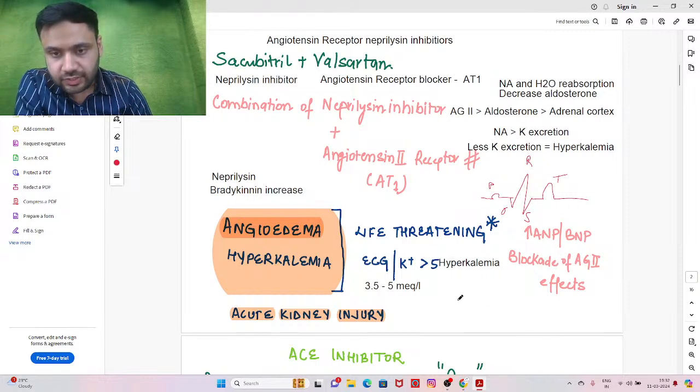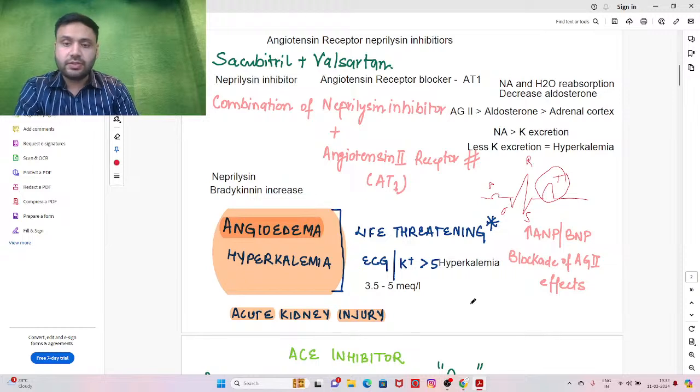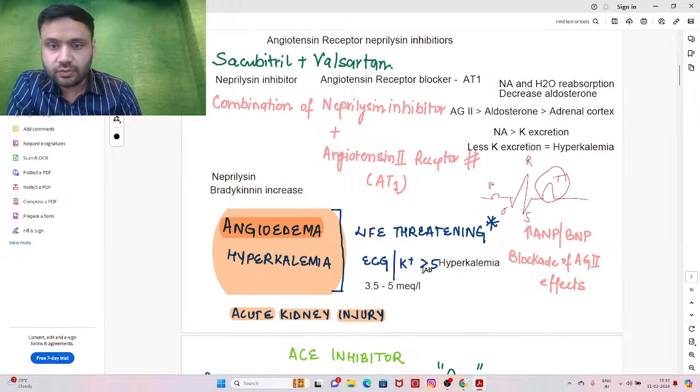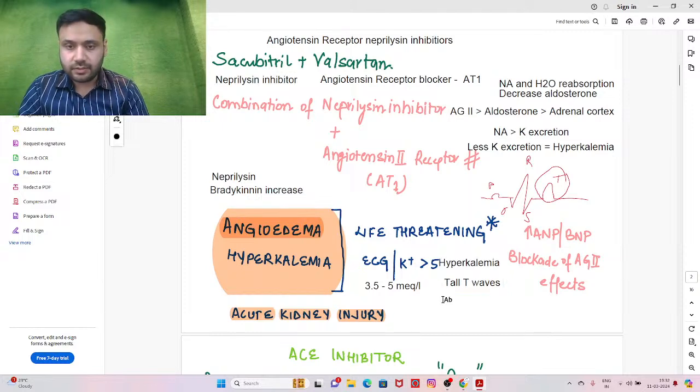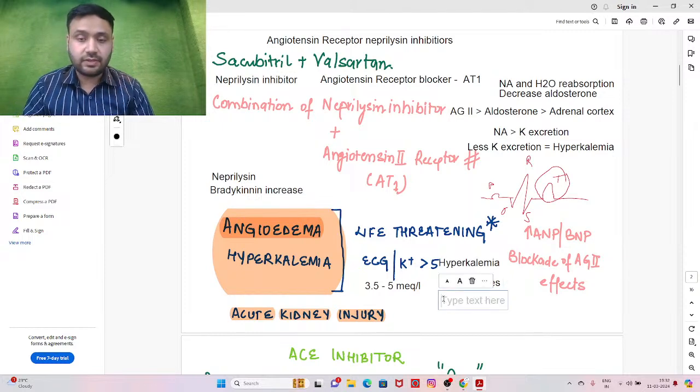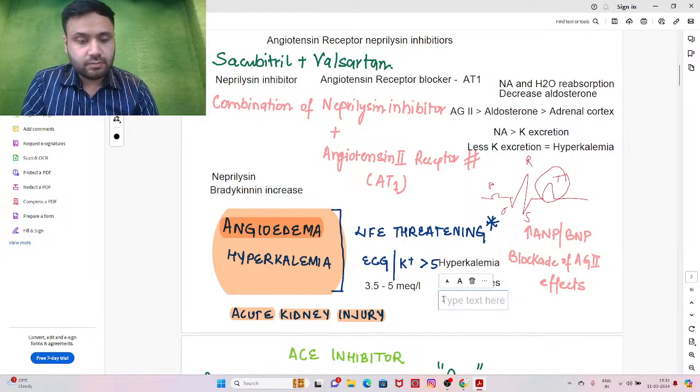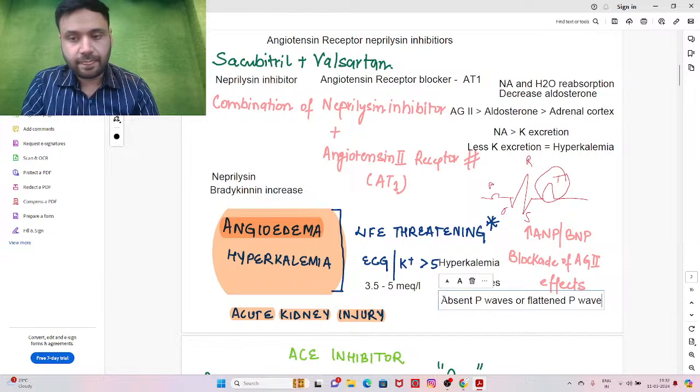First change that we can see in the ECG is in the T wave. It leads to tall T waves. Other important changes that we see are absent P waves or flattened P waves.